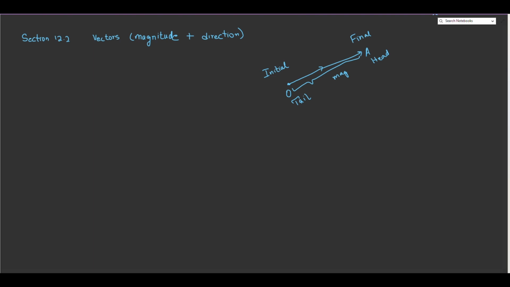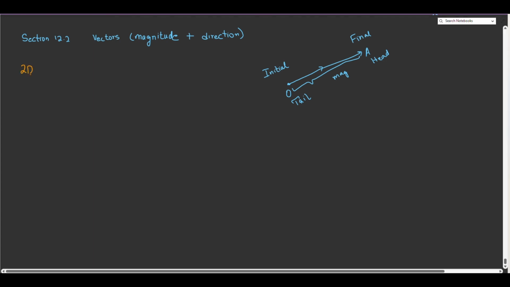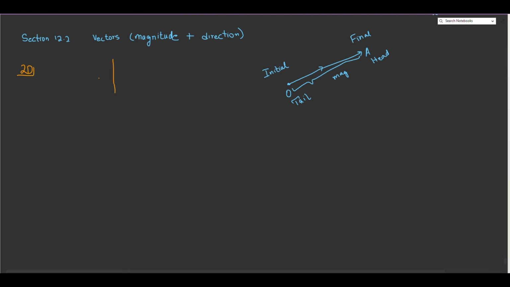The next thing we are going to do is define these vectors in the 2D space and also in the 3D space. Let us first consider 2D space. 2D space means we are in the XY plane.